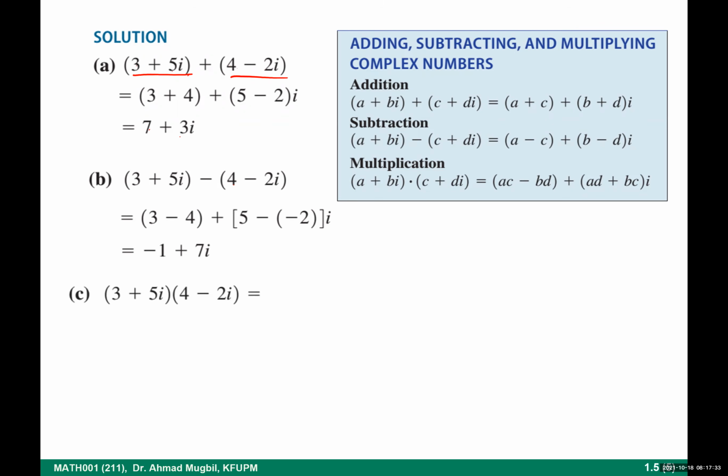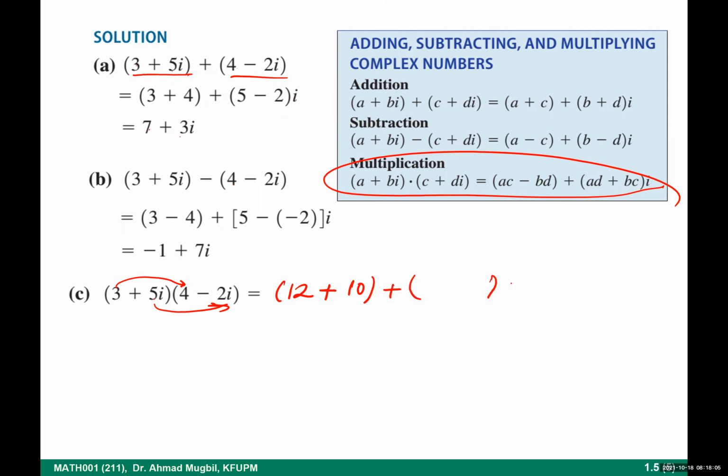Now, when we multiply, you can do FOIL, no problem. This multiplied by this and then by this, like that. Or you can do it quickly by using this formula. How? Multiply the real part by the real part and then add the imaginary part by the imaginary part. It will be 3 times 4, 12, and 5 times negative 2 times i squared. I squared is negative 1, so it will be plus 10. Now you multiply 3 by negative 2, it will be negative 6, plus 20.